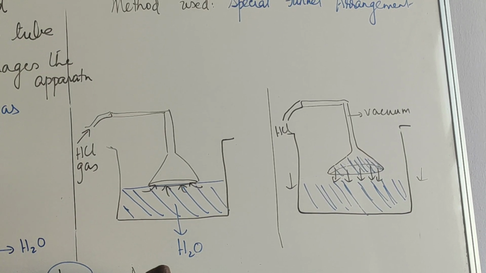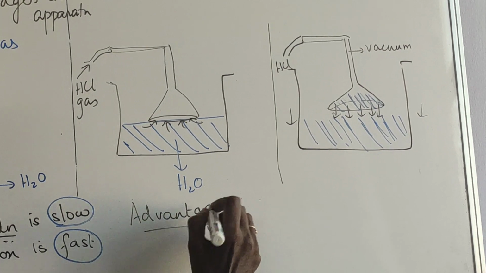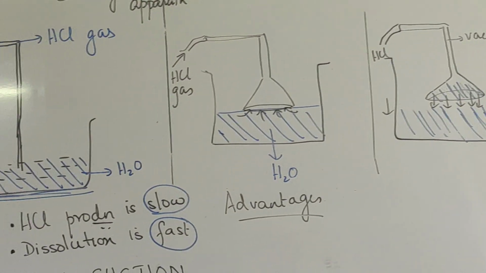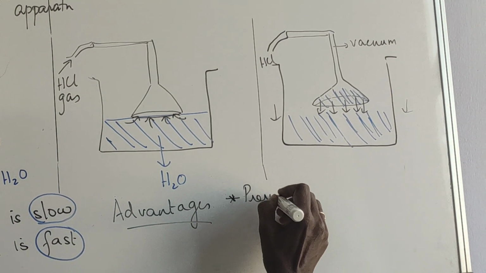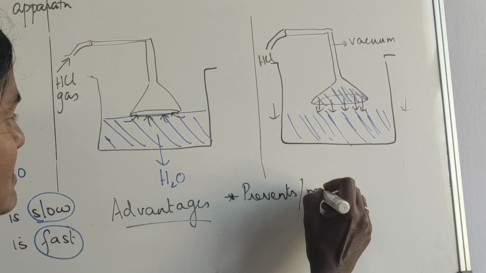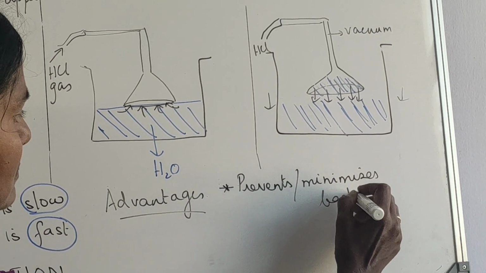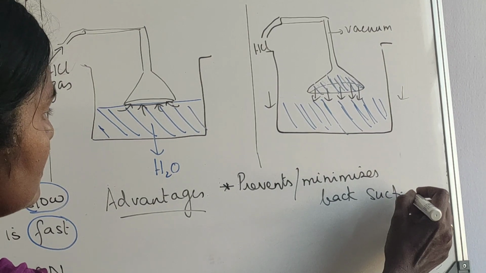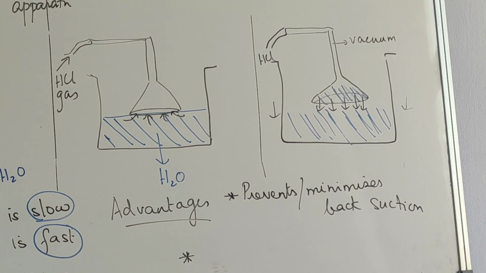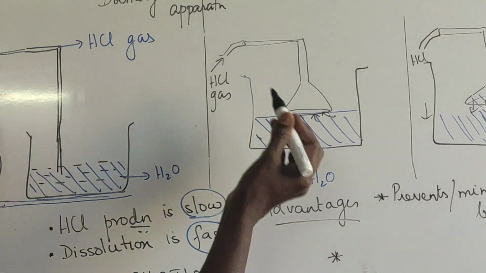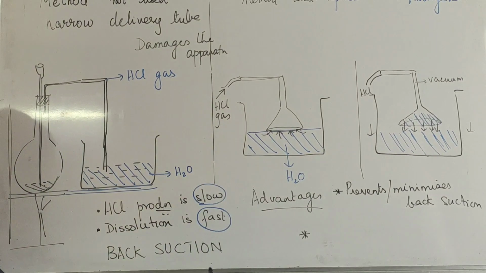Now let's sum it up. There are two advantages of this arrangement over the narrow delivery tube. The first one is it prevents or minimizes back suction. The second advantage is, see the area that the narrow tube has and the area that's available using a funnel, definitely this has a larger surface area.